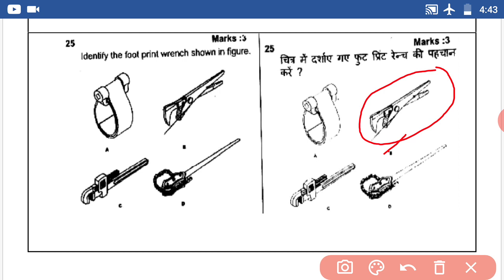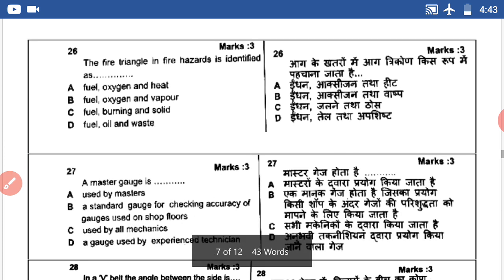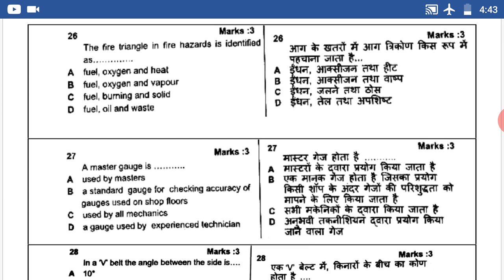Question number 26. The fire triangle in fire classes is identified as dash. This question's answer: fuel, oxygen and heat. Answer A. Question number 27.